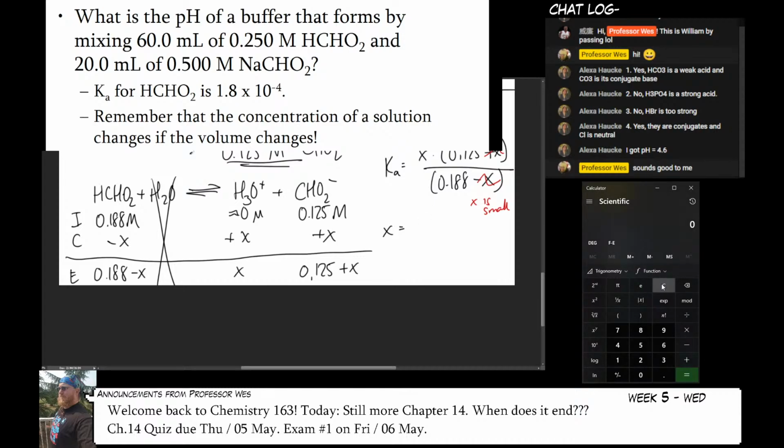And so we'll just do that in the calculator here. So 1.8 times 10 to the minus 4, that's Ka, times 0.188 over 0.125. So we get that. And so the pH of this must be there you go.